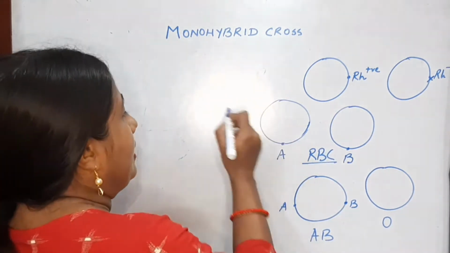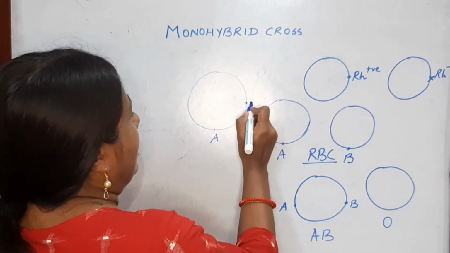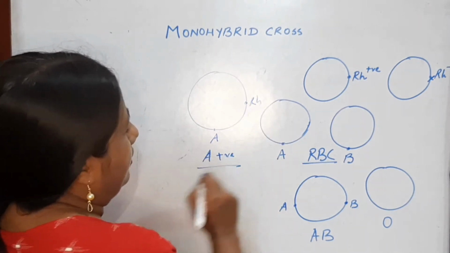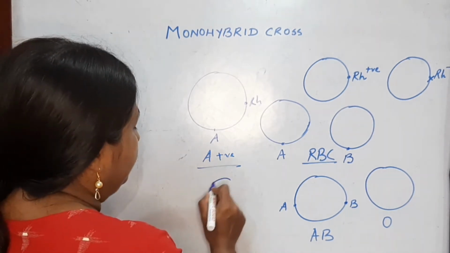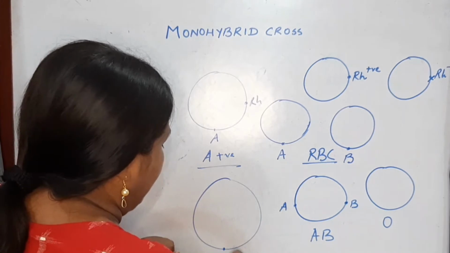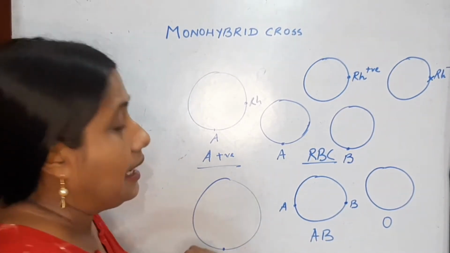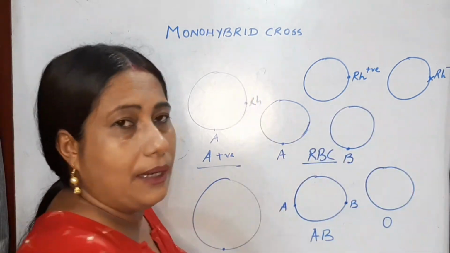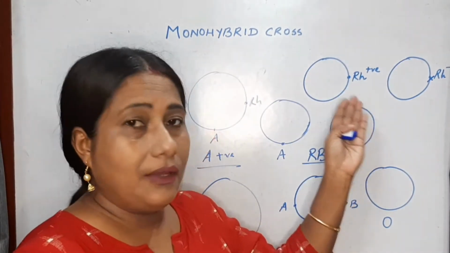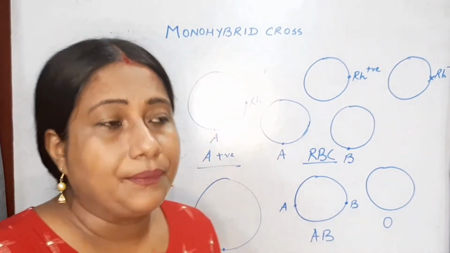So, if he has the A antigen as well as the Rh antigen, then the person is A positive, right? On the other hand, if the person has the A antigen but not the Rh, then he is a negative person. So, like this, there are various types of blood groups: A positive, A negative, B positive, B negative, AB positive, AB negative, and O positive, O negative, right?